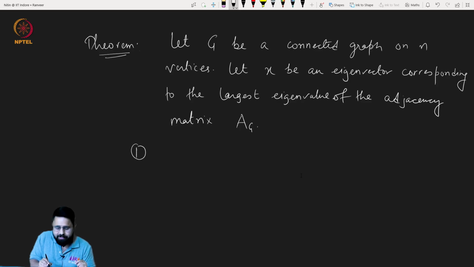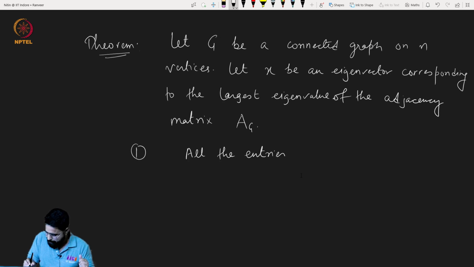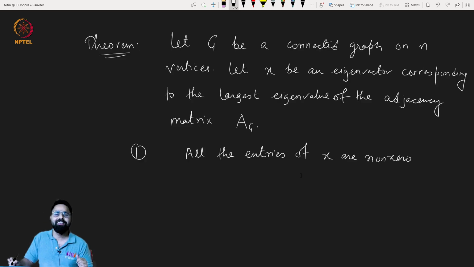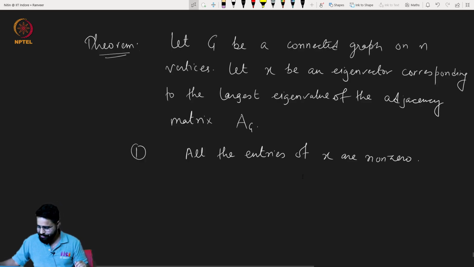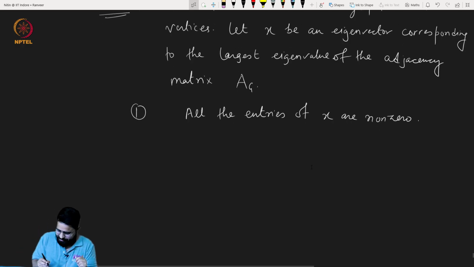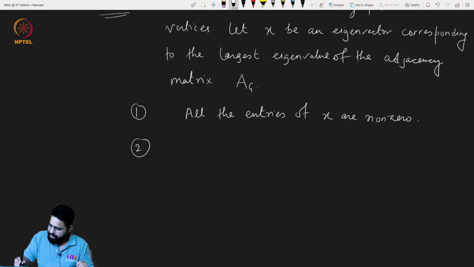The first one is very simple: all the entries of x here are non-zero. Second, let me call the largest eigenvalue lambda 1.